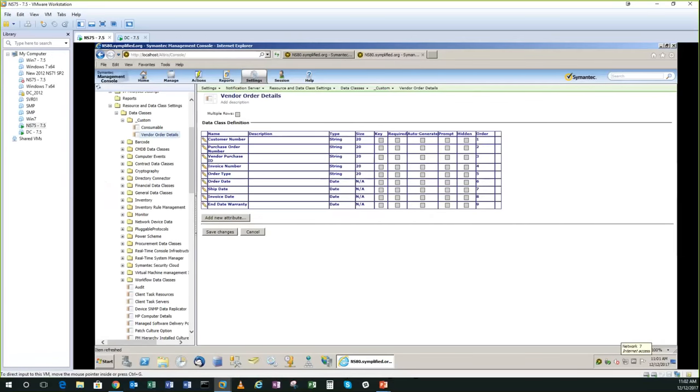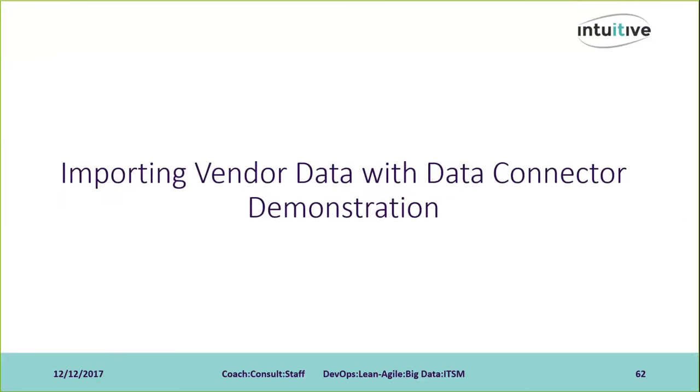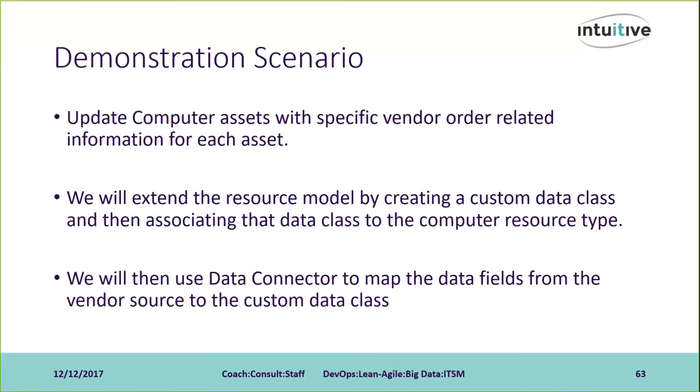So let's just frame up the use case here. What we're going to do in this demo is look at importing vendor data using the data connector to accomplish that. Specifically, we're going to update computer assets with specific vendor attributes that we received from a vendor report that's associated to the purchase of those computers.